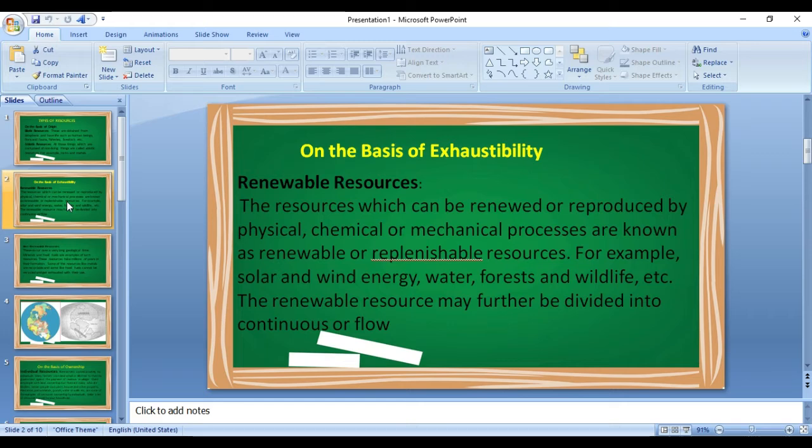But if you make use of forest and wildlife, they will get destroyed, and you have to give them time to get renewed. Let's take an example. If there is 1 acre of forest, and I ask you to cut all of it at once and replace it with saplings, will that 1 acre of land be counted as a forest?